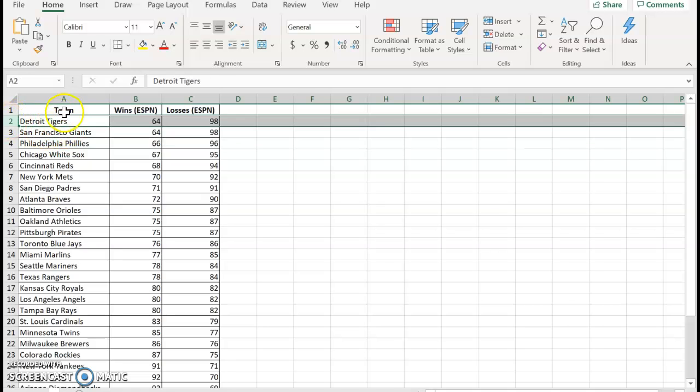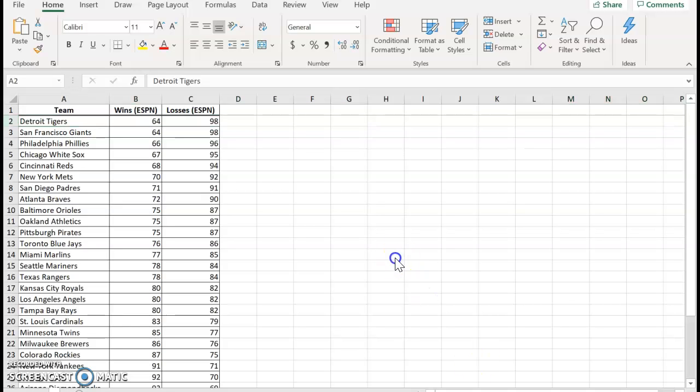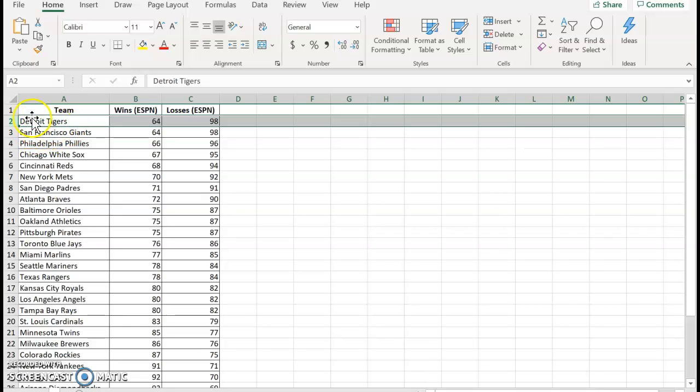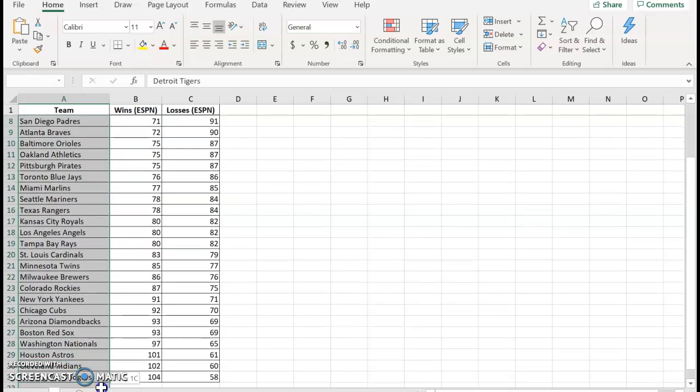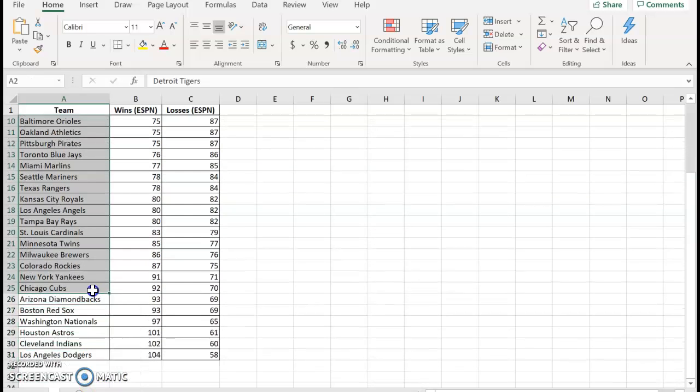But if I wanted to include this cell, then I would add 1 to it. So that's how I got 30. So you have to add to the cell you start at. And then if you want to include the cell that you're adding to, you have to add 1 more. It's really hard to explain. To really understand it, just highlight the cells that are below the Diamondbacks and just count them if you're not quite sure.